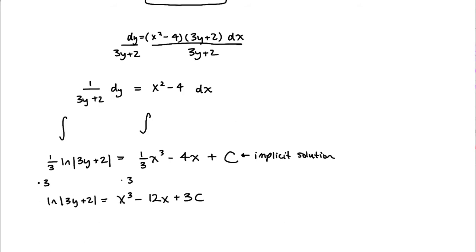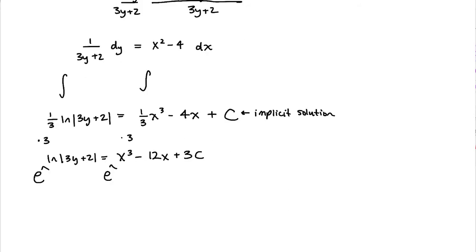I'm going to wait to rename this constant for a while here. Then I'm going to raise both sides as the power of e. So I get the absolute value of 3y plus 2 is equal to e to the x cubed times e to the negative 12x times e to the 3c.